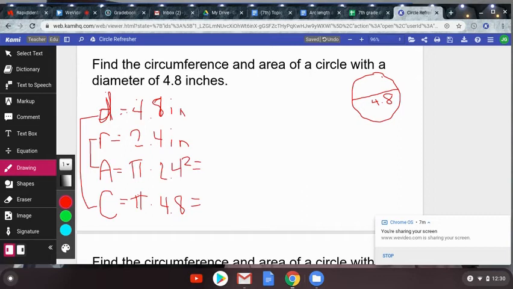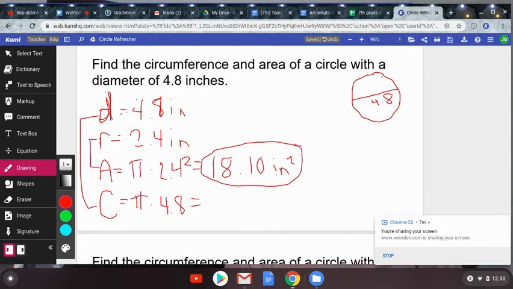So now I'm just going to use my calculator. Pi times 2.4 squared. If you can't find the squared button, then you would type pi times 2.4 times 2.4. And then I'm going to round my answer. 18.095, so it's actually going to go up to 18.10, and this is inches squared.